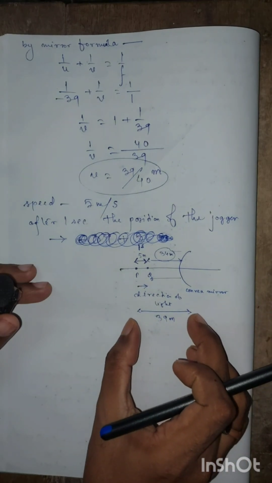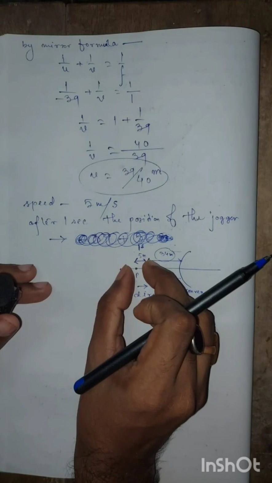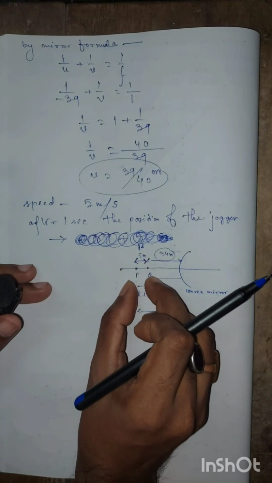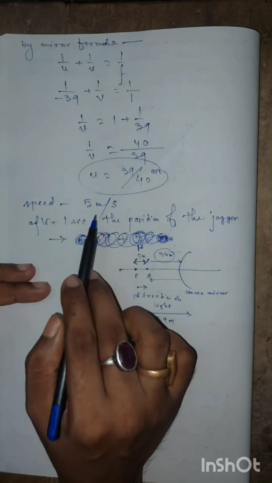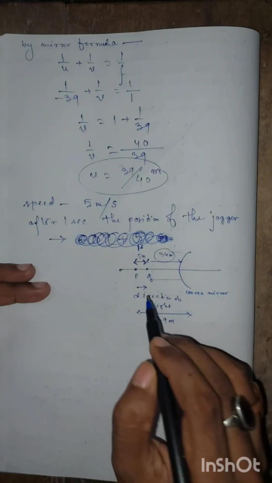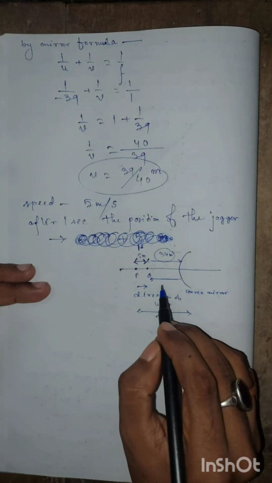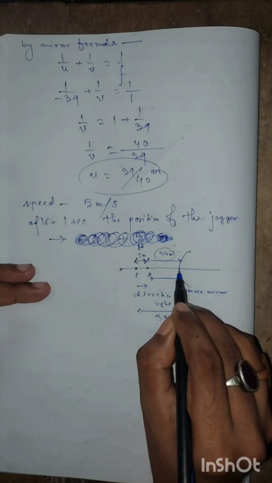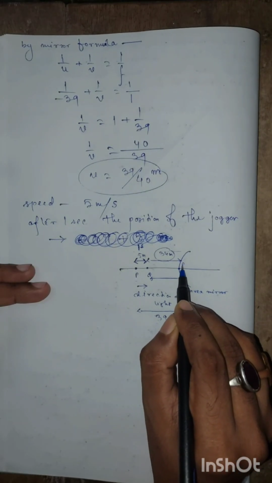This distance is 39 meter, and this distance is covered in 1 second, and this distance is 5 meter because the speed of the jogger is 5 meter per second. So PQ distance is 5 meter. Let us call this point P dashed.